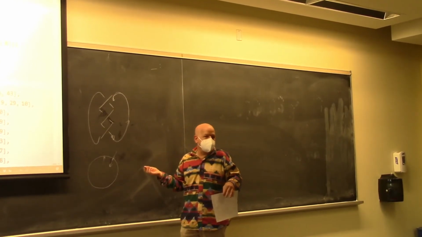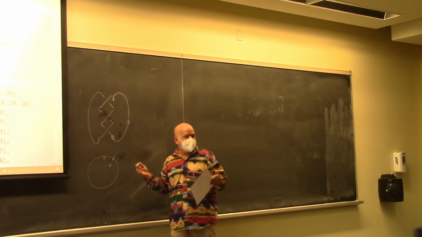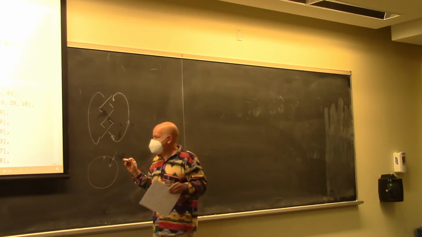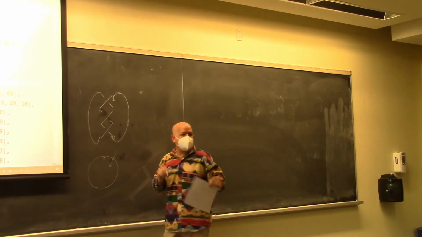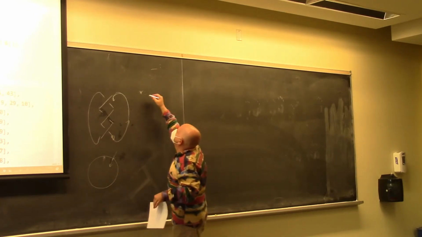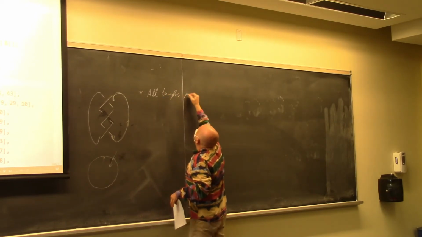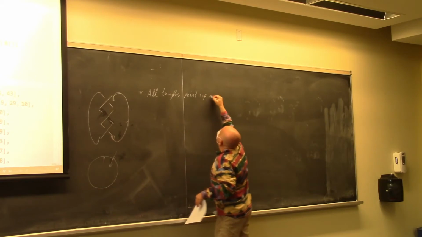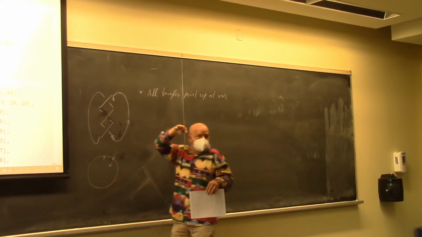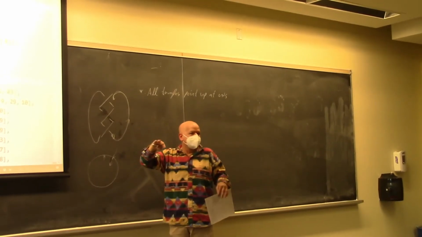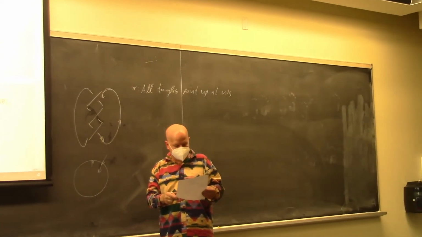But there is an easier way, and the easier way is to insist, by convention, that all tangles point up at the ends. And then when you glue, it's clear how to glue. You're gluing something that's pointing up to something else that's pointing up. It makes sense.